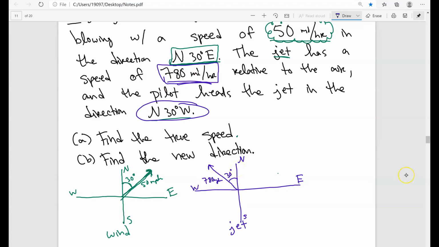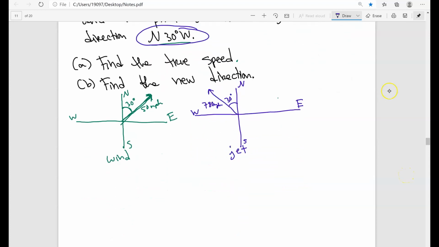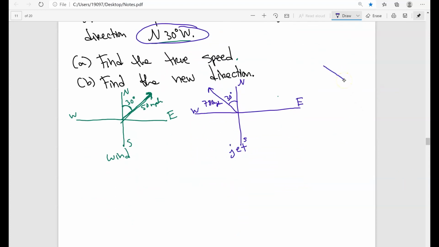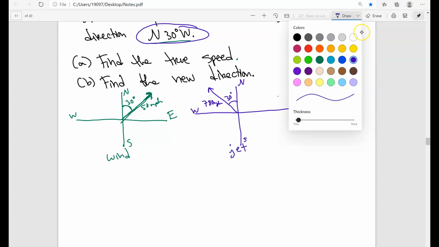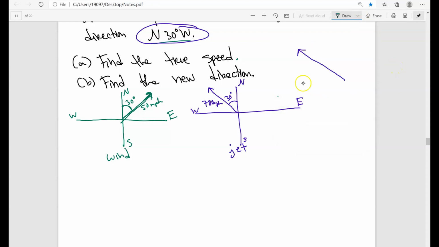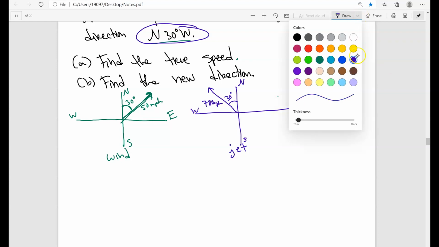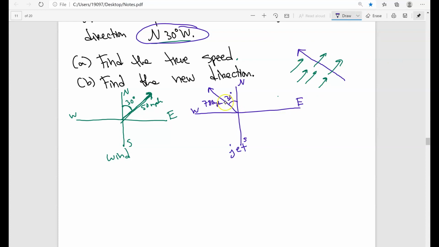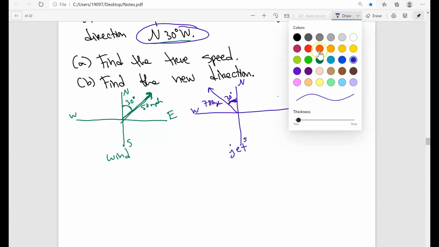You can imagine that this purple arrow is going this way, and then you have some wind going in this direction. So you can see that this purple arrow is no longer going to go directly at 30 degrees. It's going to be off by a little bit. Let me make it in a different color.